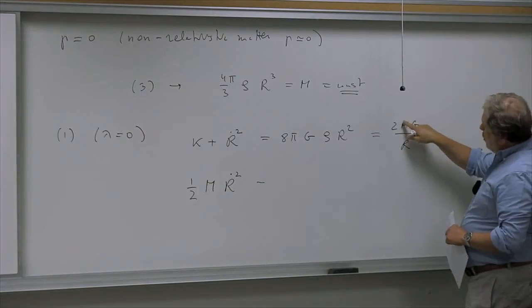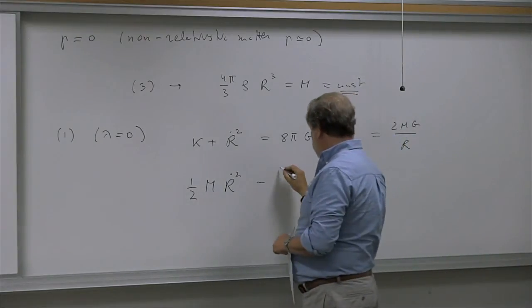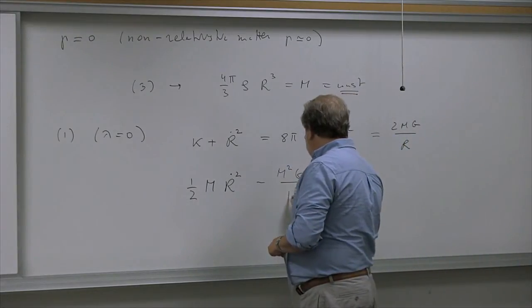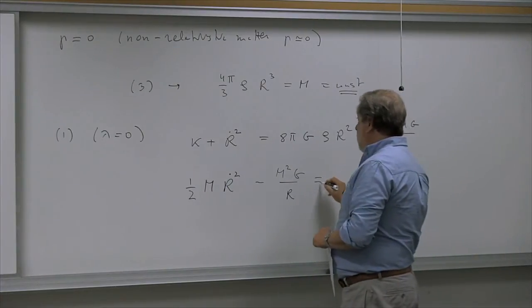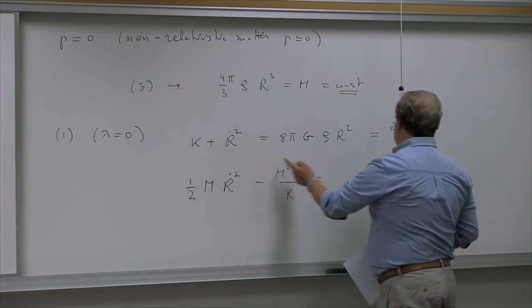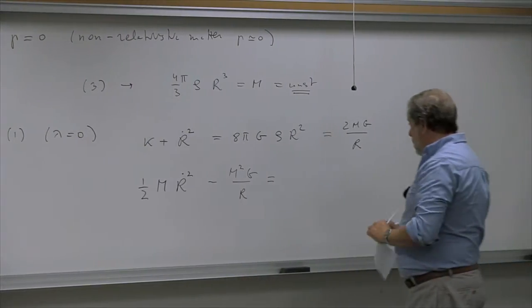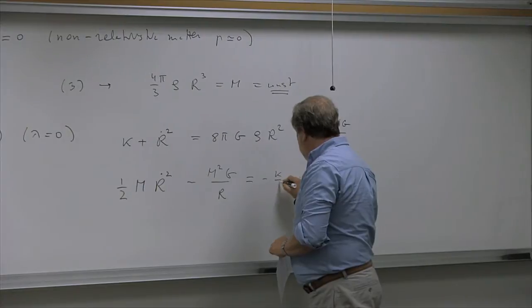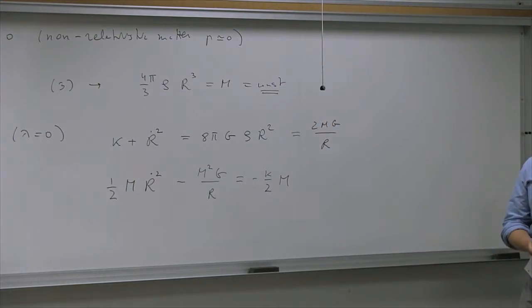So we multiply by m, so we get m squared times G divided by 2. So it's just minus m squared times G divided by r, right? And this is equal to all the constant terms. So the constant term, we're going to bring that constant term over on this side and multiply it by m. So it's minus k over 2 times m, right? So we get this equation.